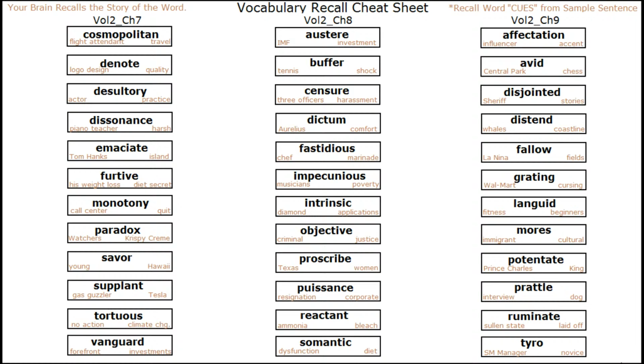It's very, very important for you to focus on the story of the word, because you're doing a brain mapping to the actual definition, to the cues, and a lot of times you'll see this word while reading, and you may not remember it quickly offhand, but you may remember the word appearing in a rectangle, and the image in your brain of that word appearing in a rectangle may trigger you to remember the two keywords, and then the sample sentence will flash back in your brain.